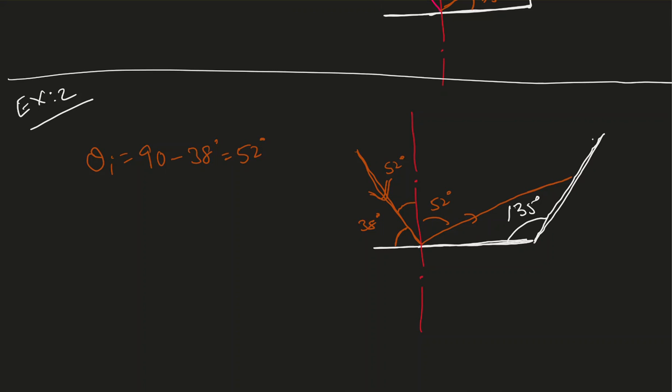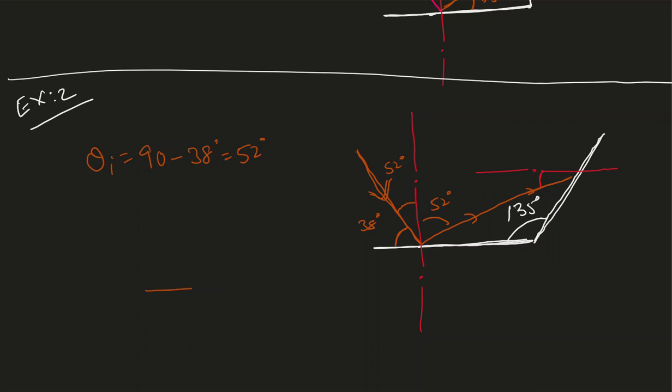Now what is the outgoing angle of that light ray with the second mirror? That's the given question. So I'm going to draw the normal to the second mirror. Now can we find theta I with the second mirror? Look at this. Here I see a triangle.